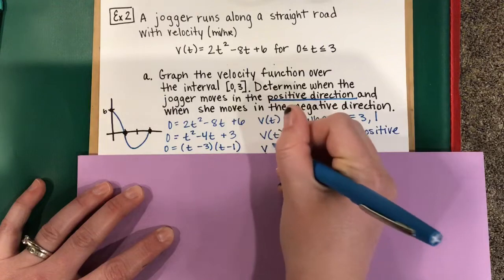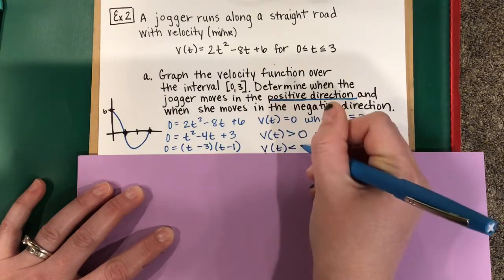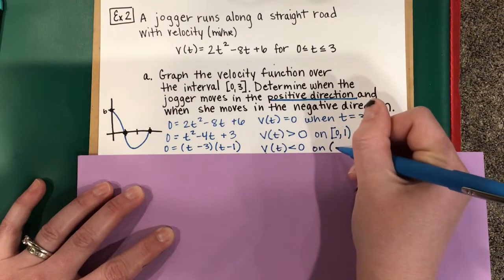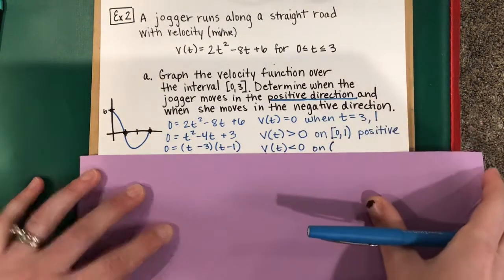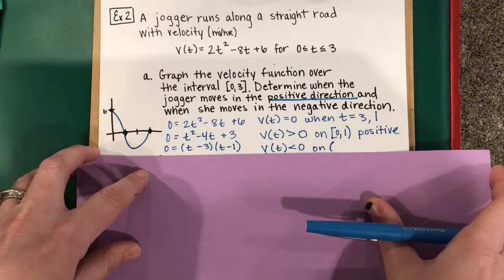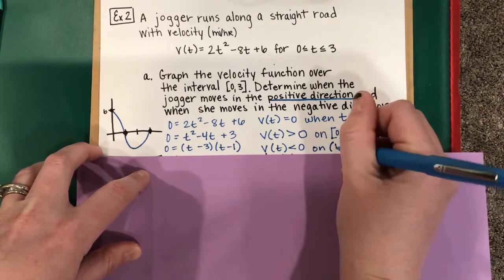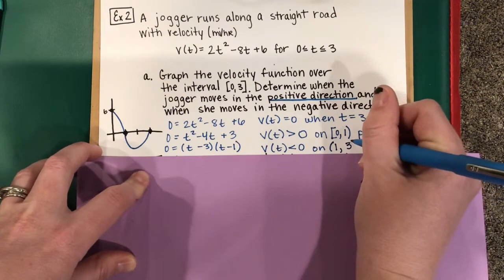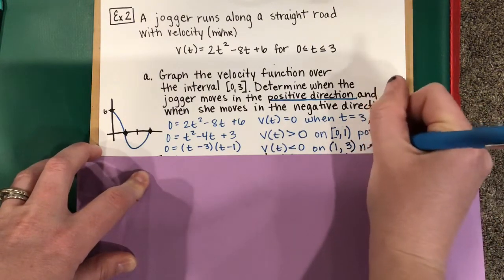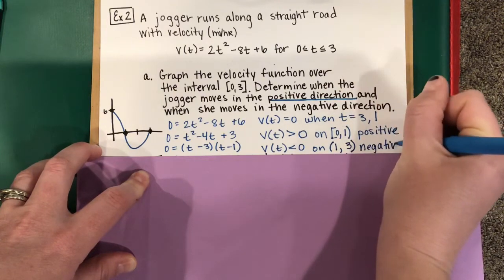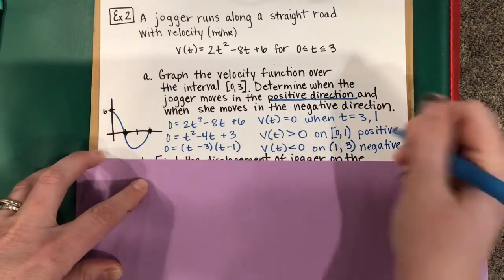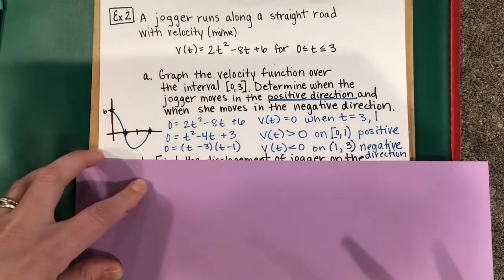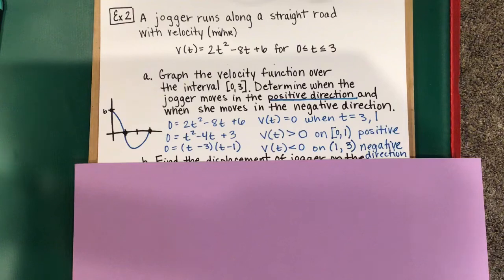And then our velocity is less than 0, and that's where it's going to be a negative direction.